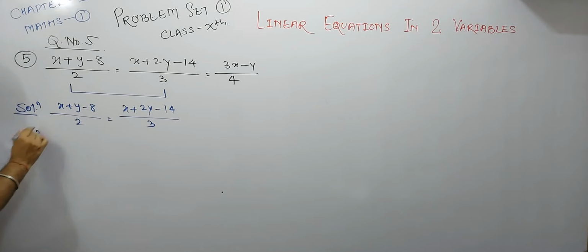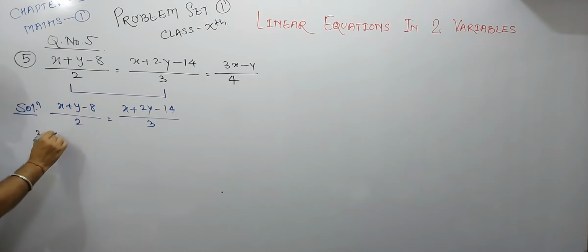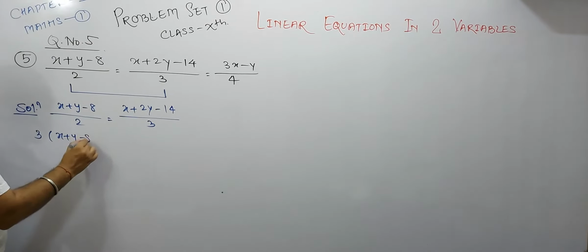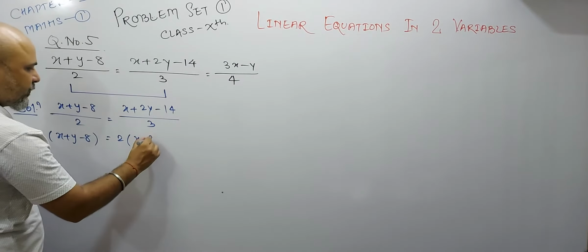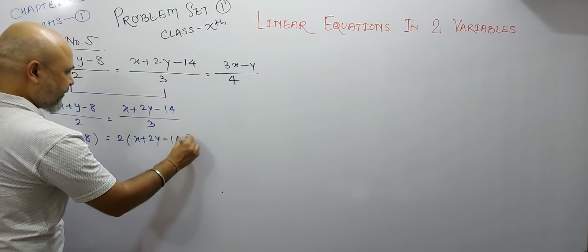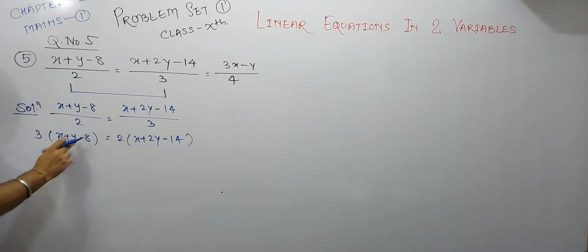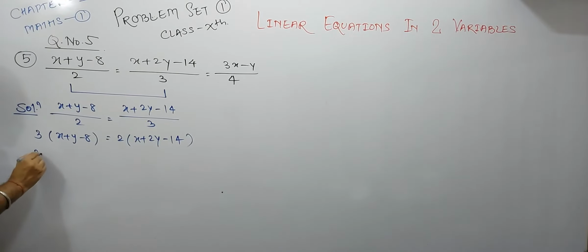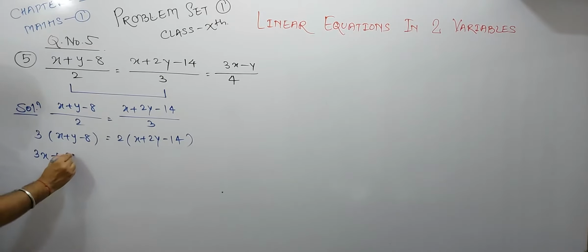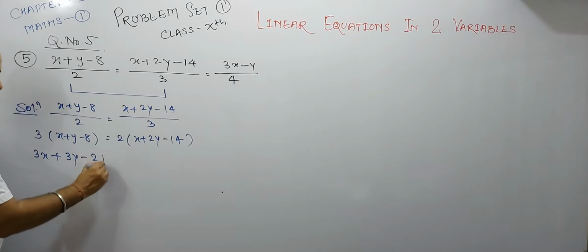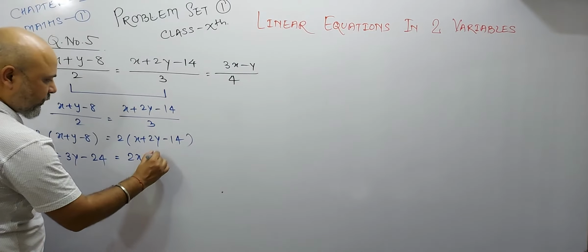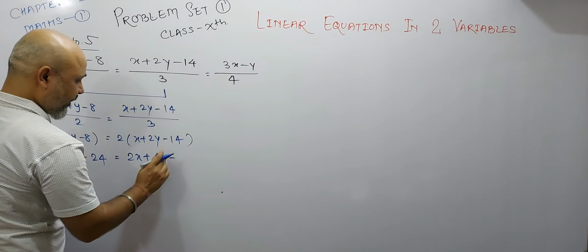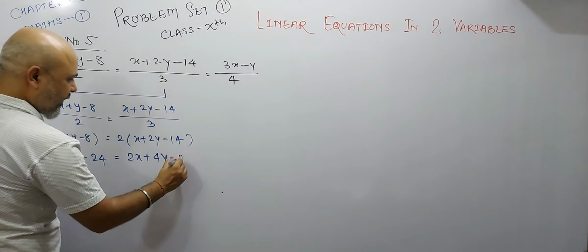So you get 3 times x plus y minus 8 equal to 2 times x plus 2y minus 14. And now you will simplify. This will be 3x plus 3y minus 3 eights are 24, equal to 2x plus 4y minus 28.